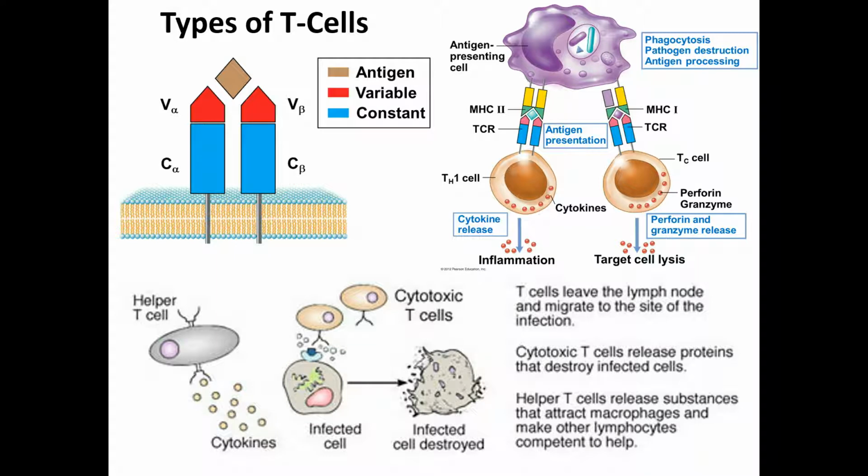Alright, so we've talked about so far the two types of T cells. Alright, cytotoxic and helper T cells. Alright, so helper T cells are involved in stimulating humoral immunity.